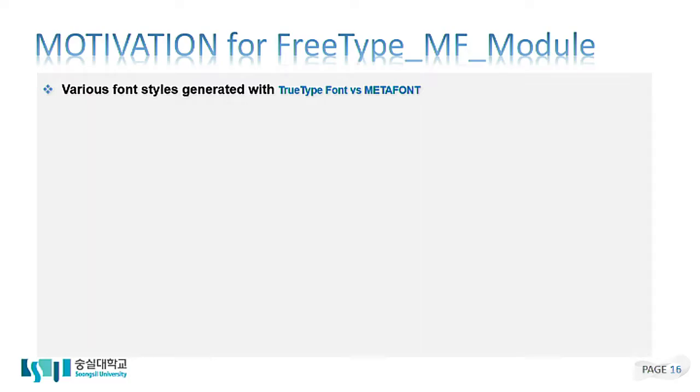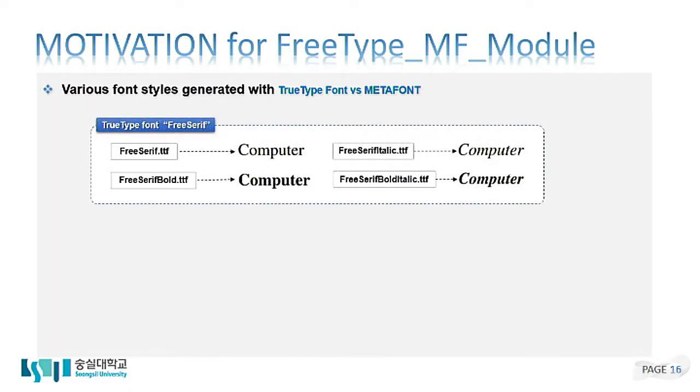Okay. Then, the motivation of this work is that we want to use Metafont directly on the rasterizer. Currently, Freetype is a free TrueType rasterizer that generates all of the things, but it's predefined, already compiled.